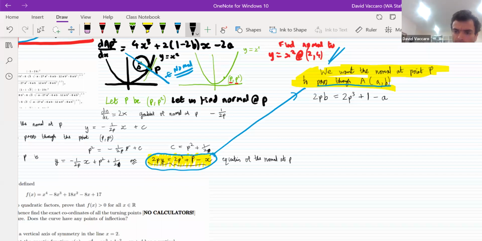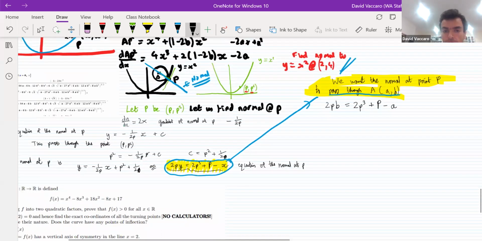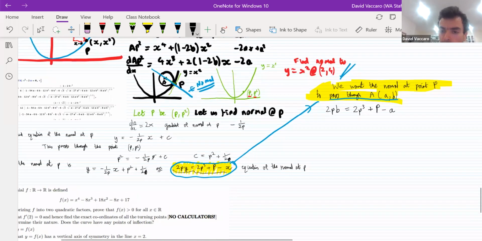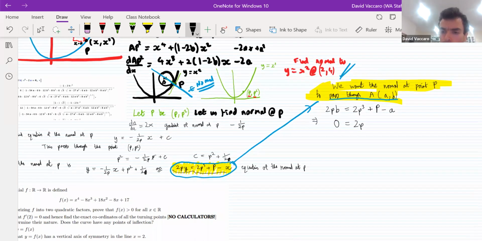So instead of a 1 here, I should have a P. Okay, so let's rearrange. What does this imply? This implies that 0 is equal to 2p cubed plus p, and if I take the 2pb across, I get p times 1 minus 2b minus a. So this is the condition here.